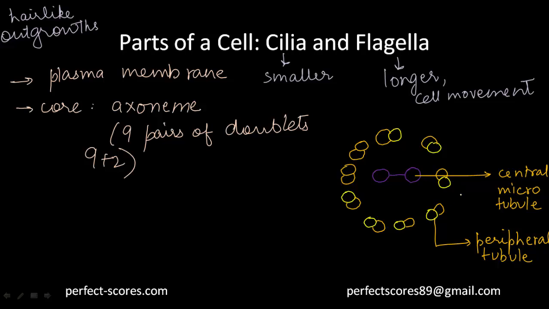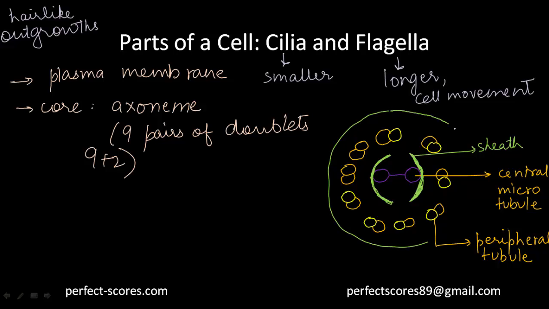So here it is. And between the central microtubule and the peripheral tubule, there is also a sheath. So this is the sheath. And outside this, there is a plasma membrane. Okay, so let me label it. That is the plasma membrane.